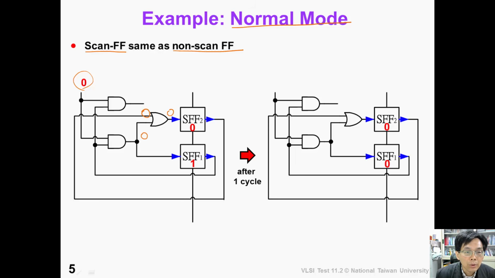So the output of the OR gate is 0. After 1 clock, the data will be captured in the scan flip-flops. So now scan flip-flop 1 is 0, and scan flip-flop 2 is also 0. This is exactly the same as the original circuit.